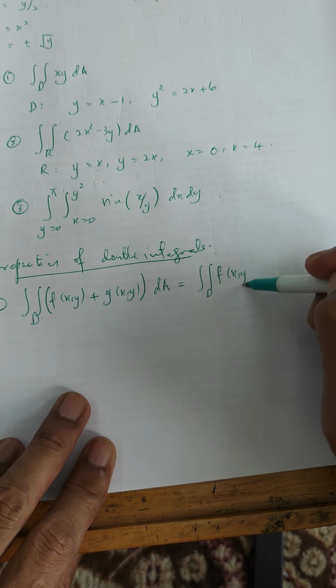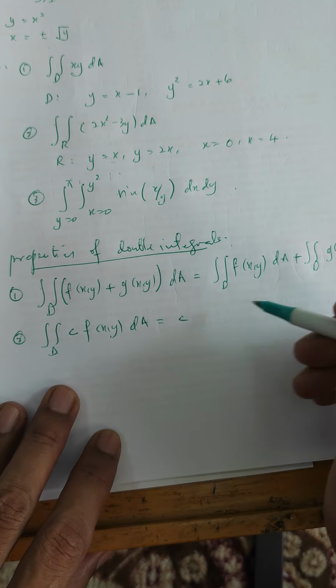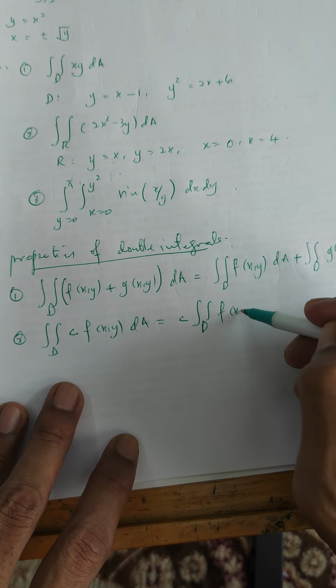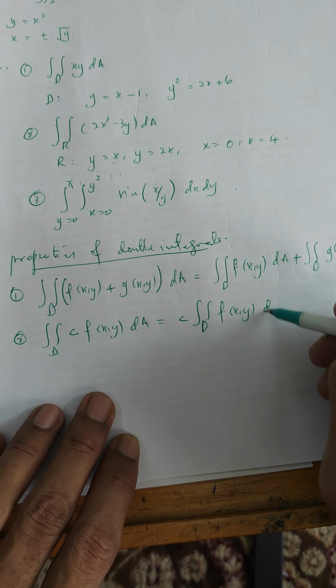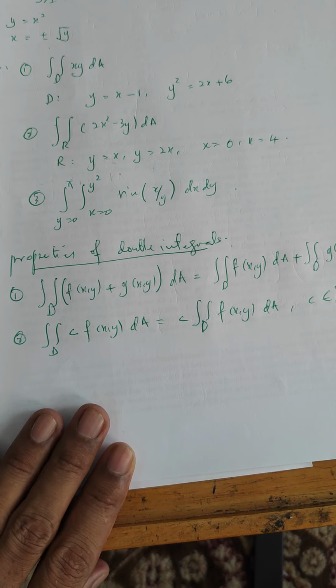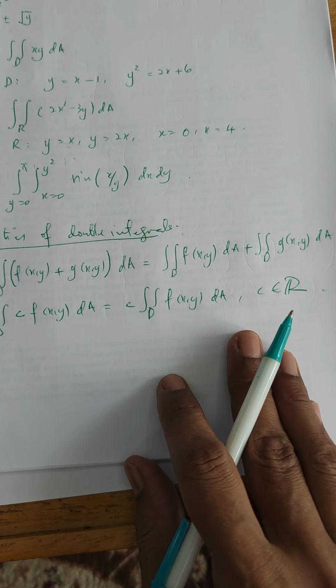Number 2, for any constant c, the integral over D of c f(x,y) dA, you can just take out c, then integrate over D f(x,y) dA, for any constant c.